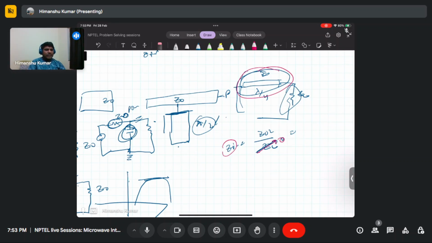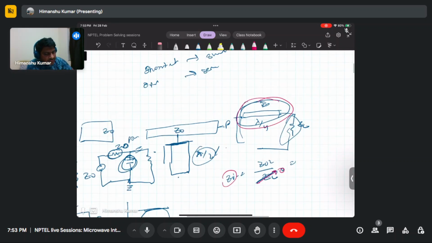If you consider the open circuited and short circuited line of any finite length L, the impedance will be j times Z naught tan beta L in one case, and in the other case it will be 1 by j times Z naught tan beta L. I think one is for short circuit, the other is for open circuit.